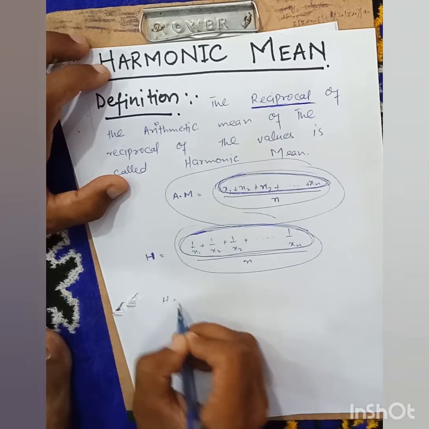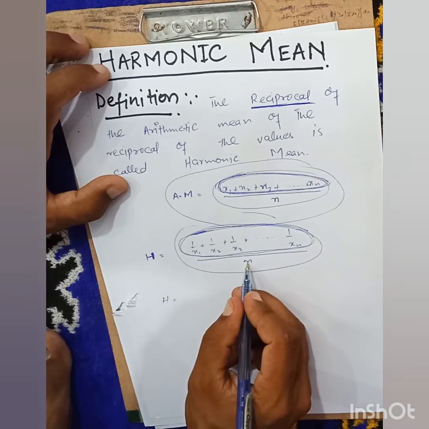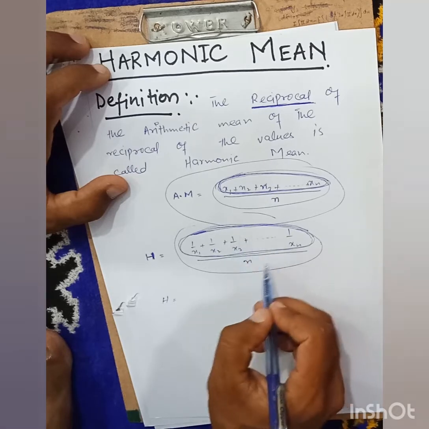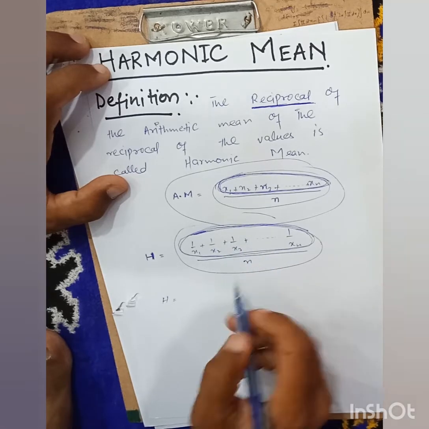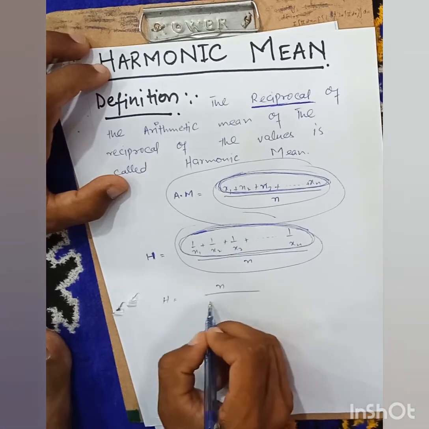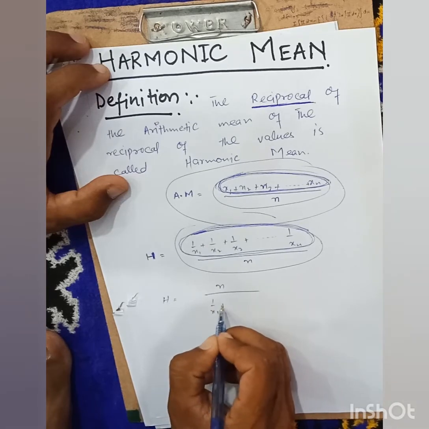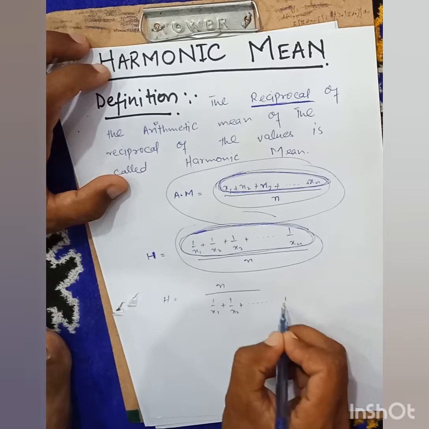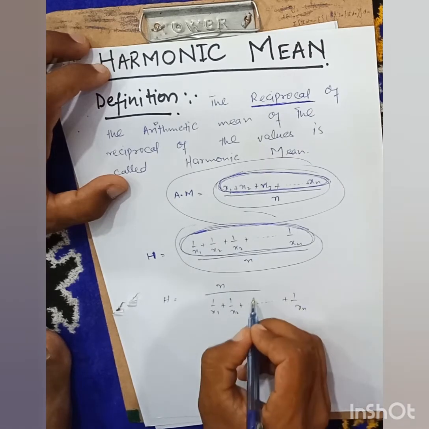Which turns out to be, this n will go to the numerator side, and the numerator observations will come to the denominator side. So this is n divided by 1 by x1 plus 1 by x2 plus dot dot dot up to 1 by xn.